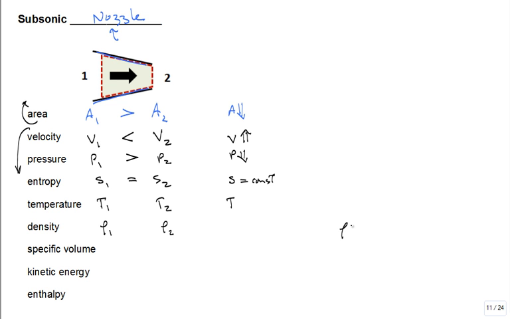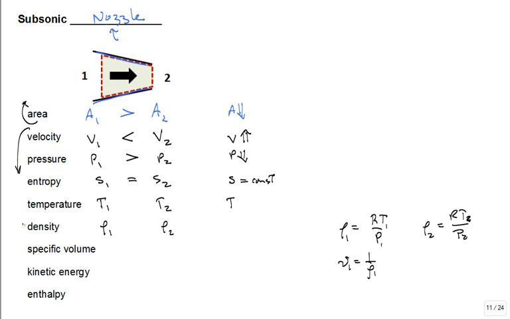Isn't density equal to P over RT? So if I'm interested in 1, then I'm interested in 2. I need to know how the T2 and the P2 changed. If I knew how the temperatures and pressures changed, I'd know how the density, as well as the specific volume changed, which is 1 over the density, isn't it?